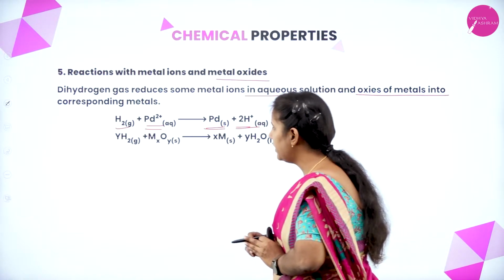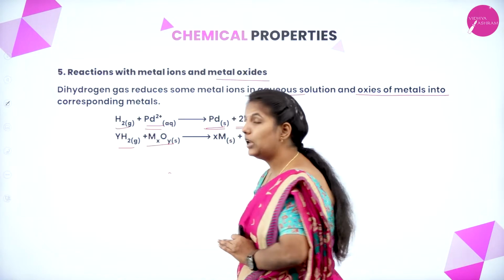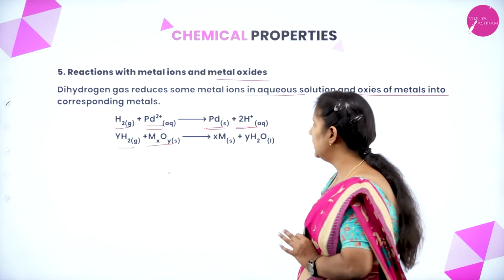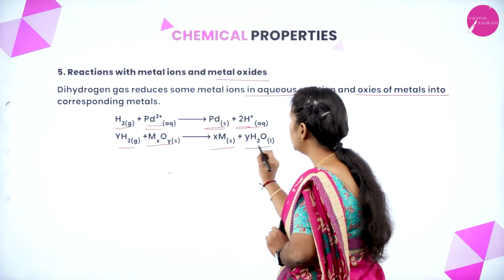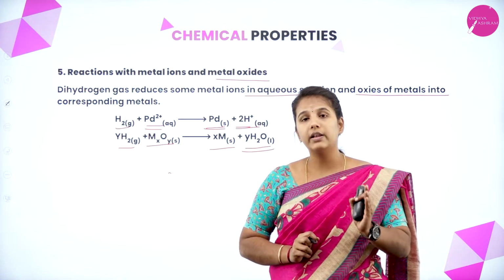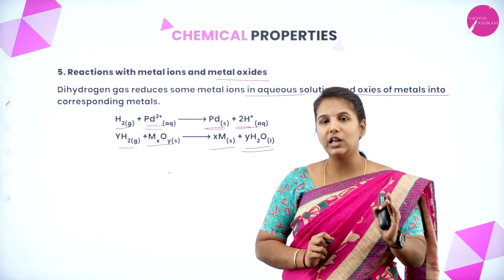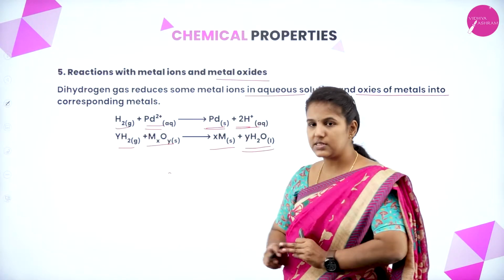Similarly, when dihydrogen reacts with metal oxide, it forms what? The metal, M, with the formation of water. This is how, when dihydrogen reacts with metal ion, it reduces the metal ions into metal with the formation of H plus ion.